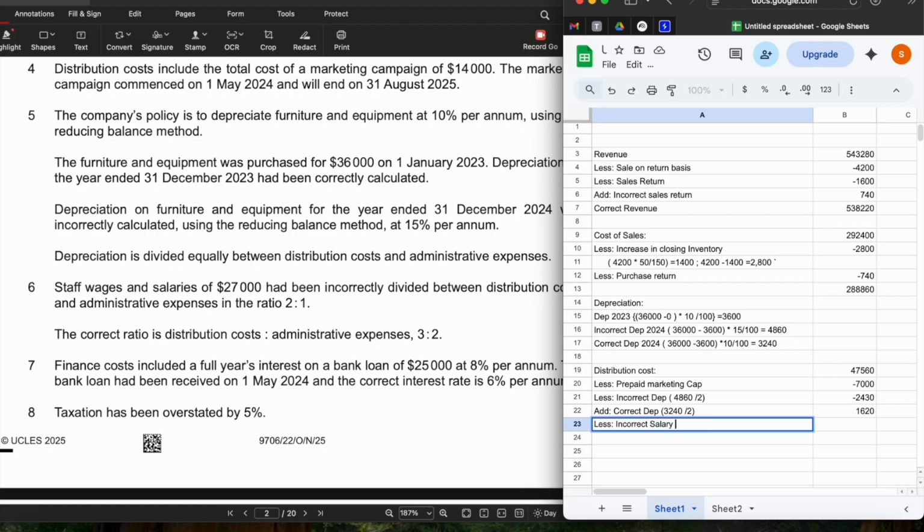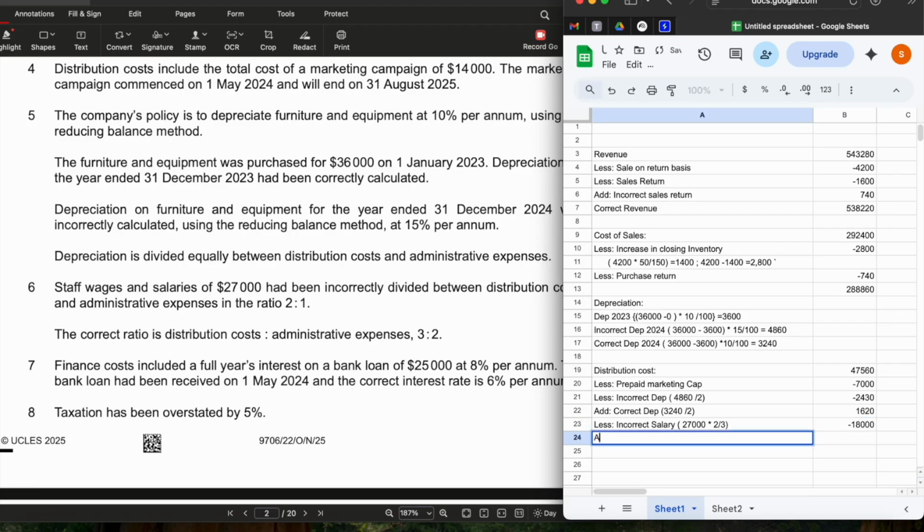The incorrect salary was 27,000, and this would be divided in the ratio 2:1. So that means 2 divided by 3 for distribution expense. When you calculate that, it is 18,000, minus 18,000 incorrect salary.